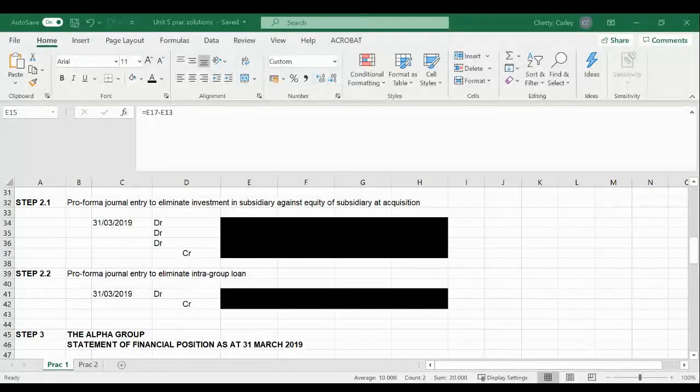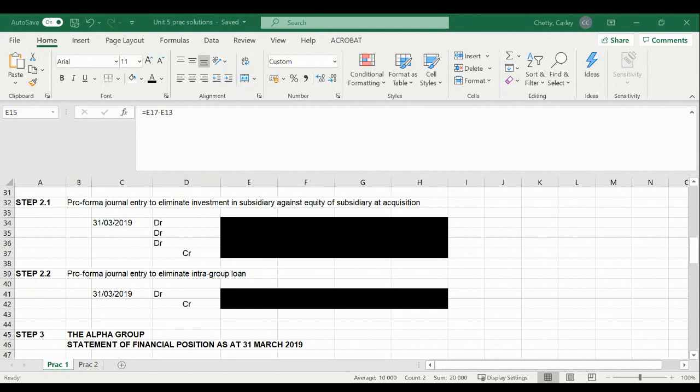So in this question, we can see that Alpha made a loan to Beta. In Alpha's separate books, it is shown as an asset because Beta owes Alpha money. And in Beta's books, Beta is showing the loan as a liability because it owes Alpha this money. It received this money as a loan, and one day it will need to repay it.